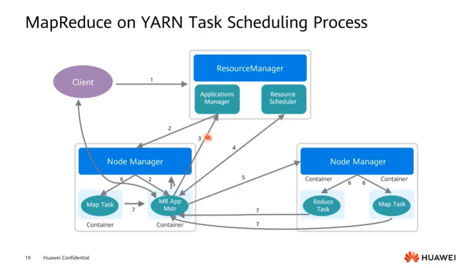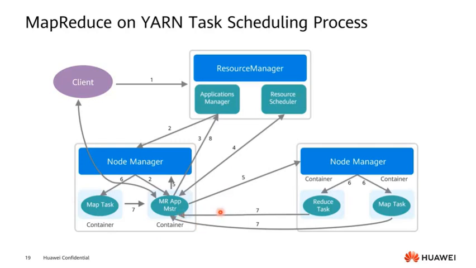The application master registers with resource manager, so user can directly see the running status of the application. 4. After that, application master uses RPC, remote procedure call protocol, to apply for and obtain resources from the resource manager for each task, and monitors the task till completion.